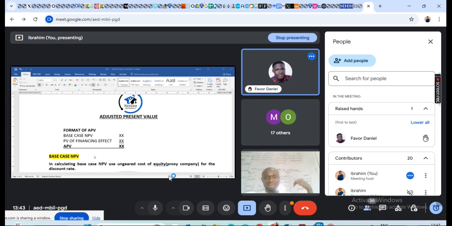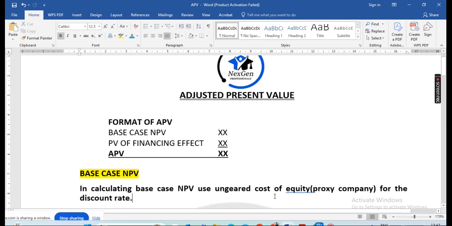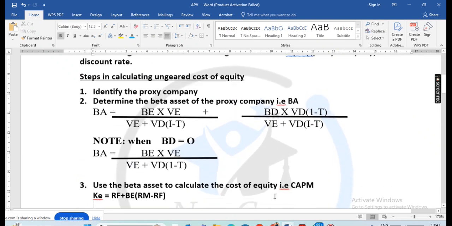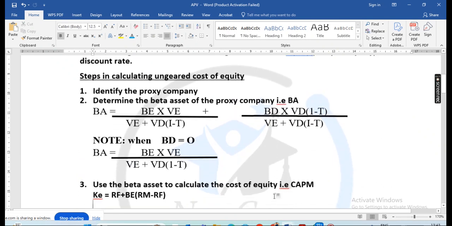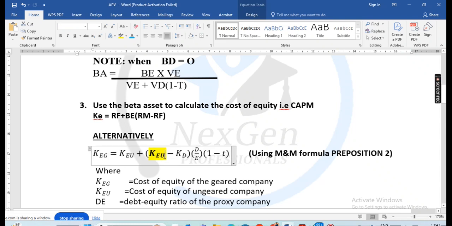Now, let me start from Favor. This is on geared cost of capital or cost of equity. This is the formula, and this formula here is an assumption. The only thing I will explain here is that the ungeared company is the proxy company.